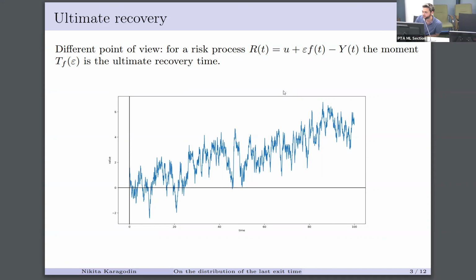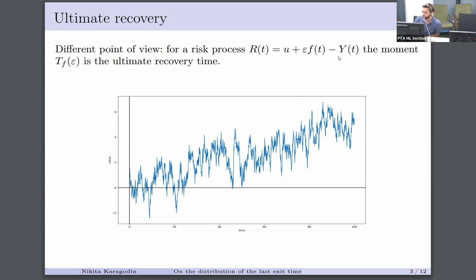This process is called a risk process because it allows us to model a simple case of a company balance. In this particular case, u is just a starting balance of a company. The deterministic function is its defined income, and y is some stochastic additive.